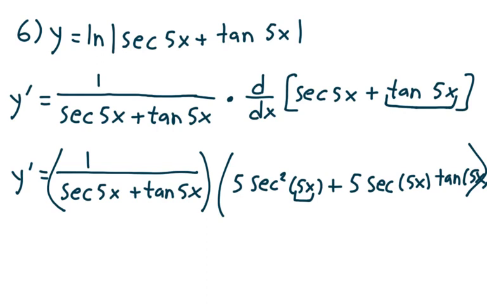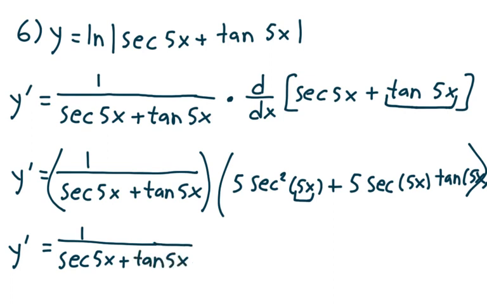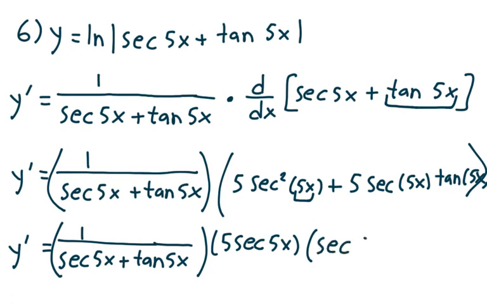Now, I'm going to factor out a 5 secant 5x. So I get 1 over secant 5x plus tangent of 5x times 5 secant of 5x times secant 5x plus tangent 5x.